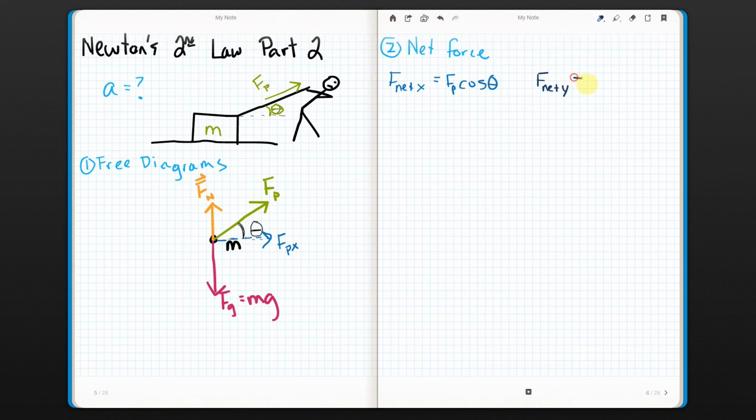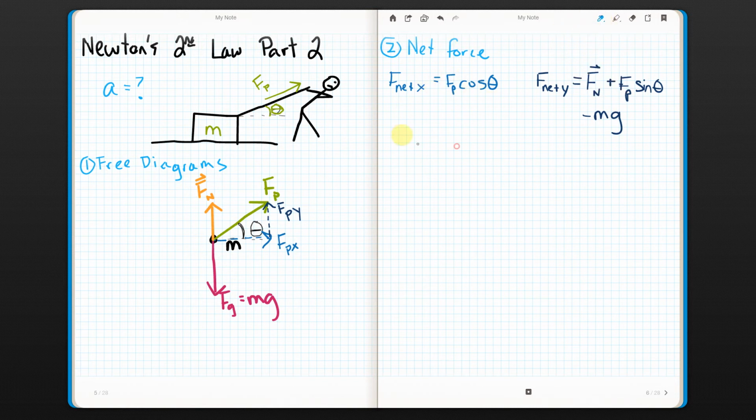For one thing, I do have something straight up, Fn, so I'm going to leave that, Fn, straight up. I also have Fp pointing up, but I'm only going to be able to use the part in the y direction. So that's the sine. So I'm going to do plus Fp sine of theta. And then I've got this pointing down, so that will be minus mg. Okay, so that's my net force stuff.